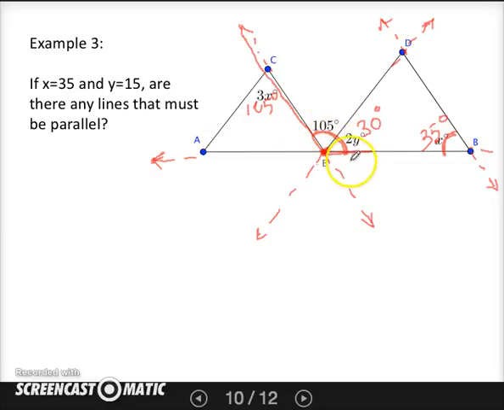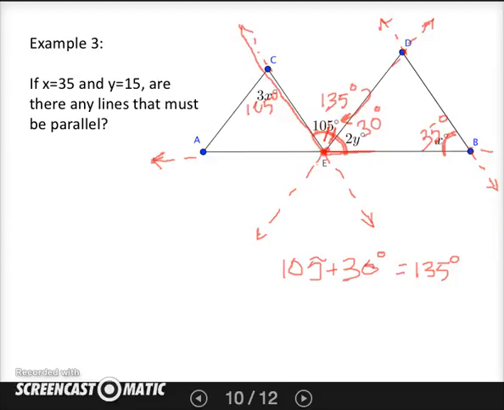So the measure of this bigger angle must be 105 plus 30 degrees by the angle addition postulate. So the measure of that is 135 degrees. I'm going to mark that with 2 slashes, and I'm going to write 135 degrees. That big angle.